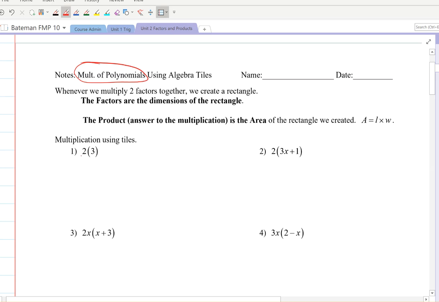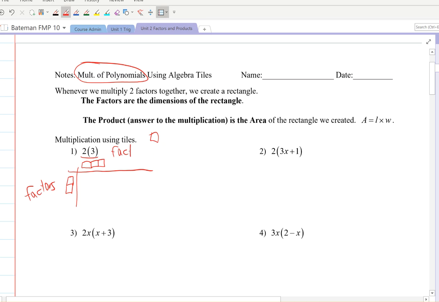So we're going to practice 2 times 3. With our 1 tiles, the 1 tiles are the small squares, we'll put down 2 in one of the multiplication places and 3 in the other, and those are all perfect squares. So these are our factors. Our factors go on the outside.